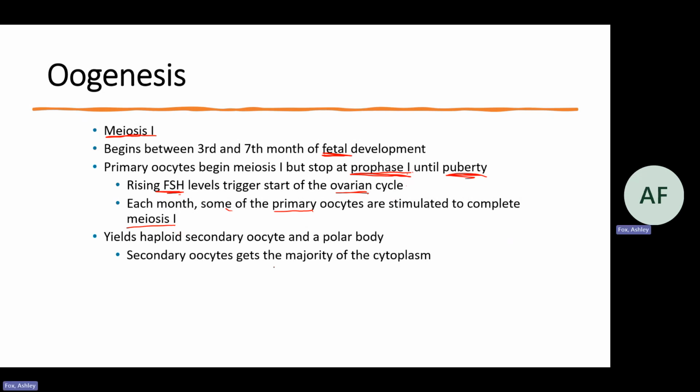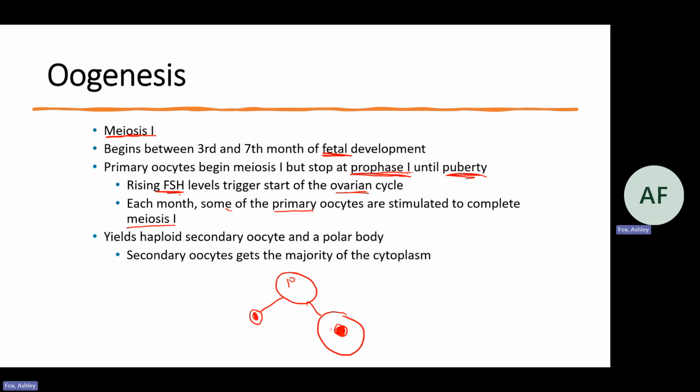When the primary oocyte goes through meiosis 1, the division of the cytoplasm is unequal. So what happens is you get what we call a little tiny polar body because we have to divide the nucleus. So it's got a little bit of nucleus and a tiny bit of cytoplasm. And then we have a secondary oocyte that has a nucleus with half the amount.